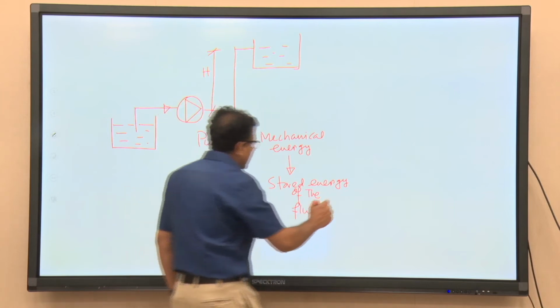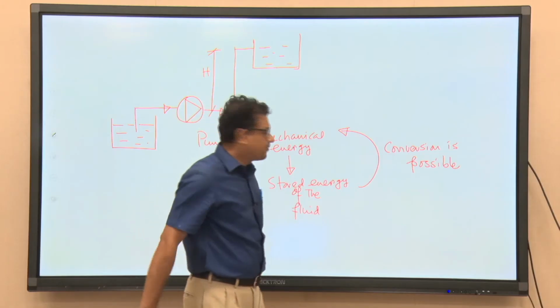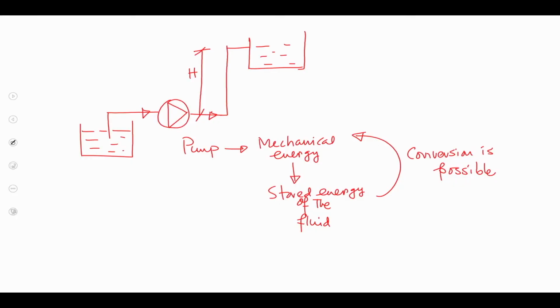So, if we can have this particular conversion, this conversion is possible by using another type of hydraulic machines, which are known as hydraulic turbine.